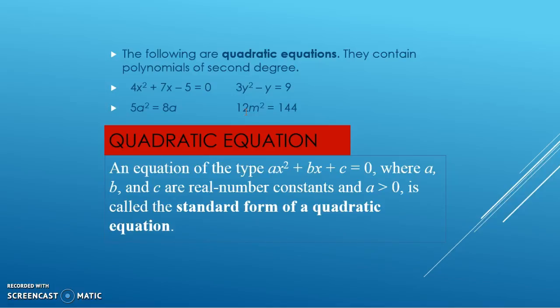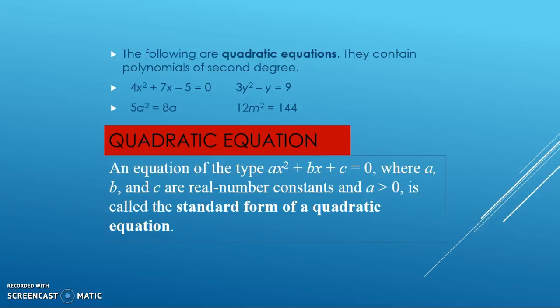So what we want to do is we want to figure out how can we solve this? How can we figure out what that variable is equal to? And so this chapter is going to basically go through 3 principles, 3 ways to solve quadratic equations. So I'm just going to kind of briefly go over them. There are some examples in these slides, but I just want to go over them very, very quickly.